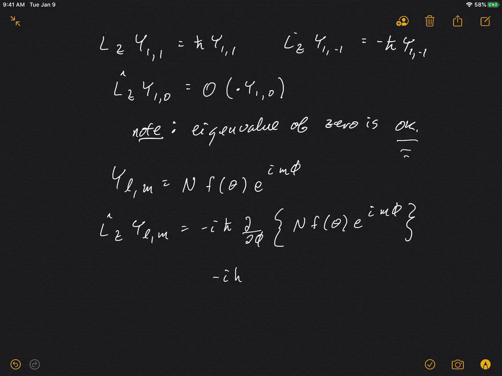So that's going to give us minus i h bar, and then we get the N and the f of theta, and then we get the i m and the e to the i m phi.